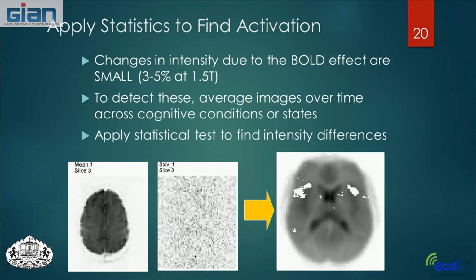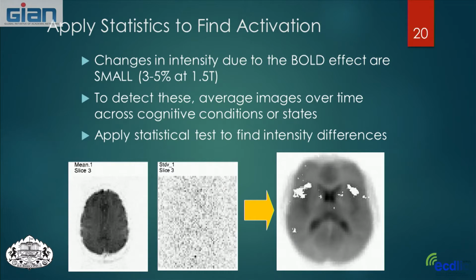If we look at the time series of the data as we collected it, we cannot visually see where these blood flow changes are going. These have to be found using a statistical technique. So again, we can average images over time or across cognitive conditions, and we can apply statistical testing to find differences in the intensities.